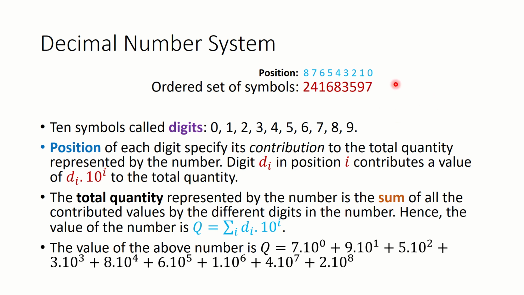If you write a 1, then the quantity or the value is only 1. If I write 1 and 6 side by side, then it is neither 1 nor 6, but it changes to 16. The value becomes 16.